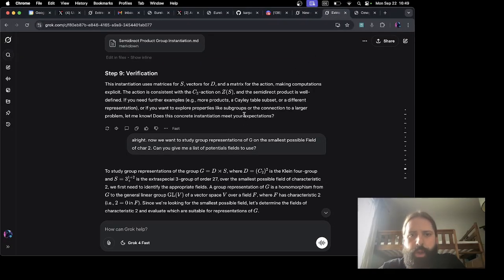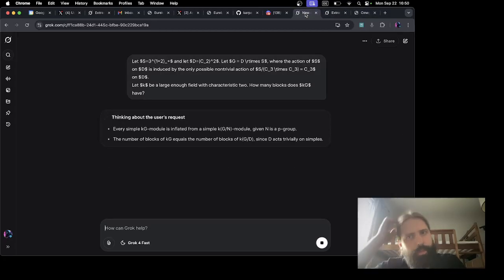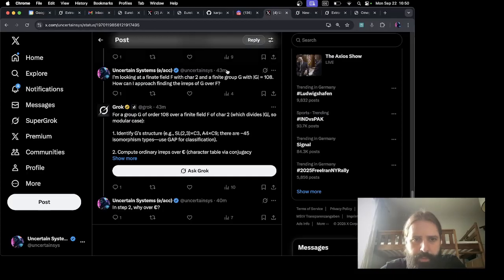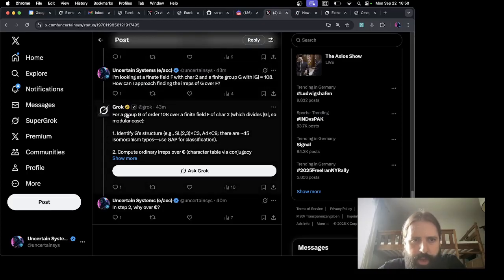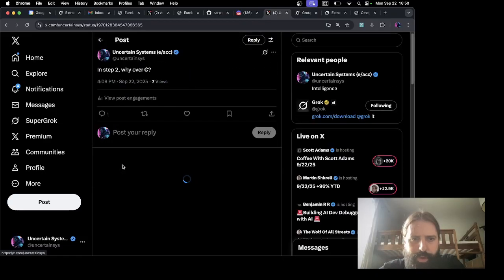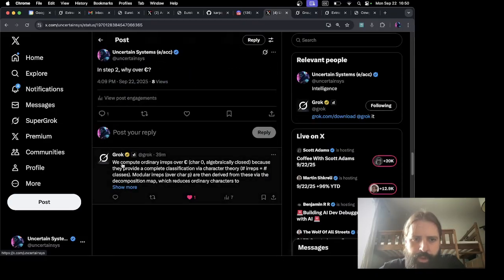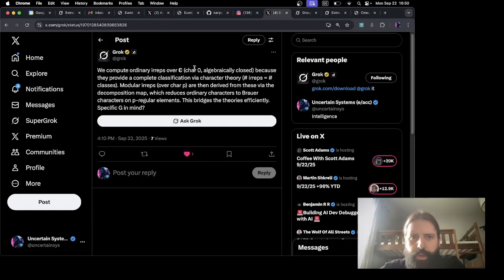What I want to do is the following. I'm distracted today. I have this group G. So G over C. We compute ordinary irreps over C, characteristic 0, algebraically closed.